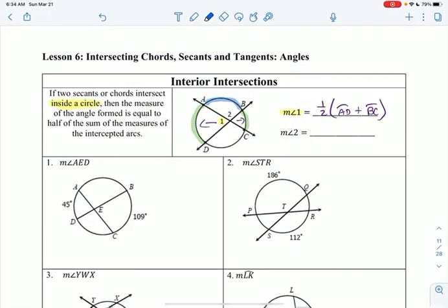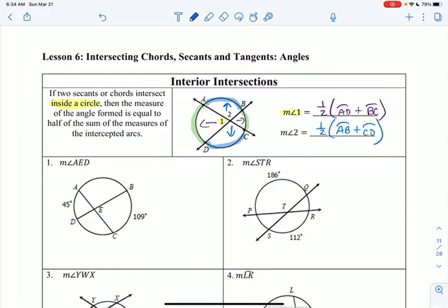Angle 2 is going to be half of the arcs that are going up and down. So it's 1/2 the sum of the intercepted arcs that are either above and below or to the left and the right, depending on how that angle looks. So angle 2 is going to be 1/2 of arc AB plus arc CD.